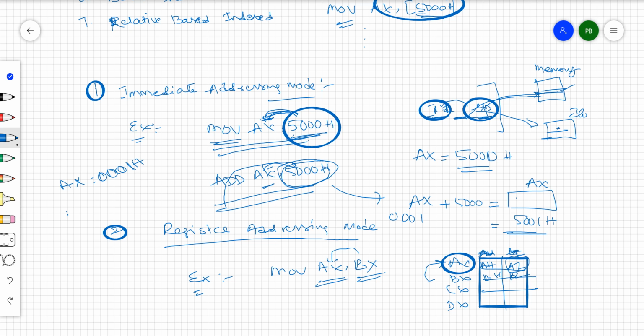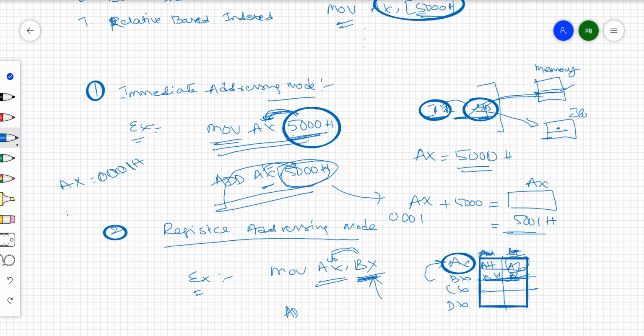To execute this instruction, the processor needs to access an internal register for the source data. That is the reason this is called the register addressing mode. That means to get the source data and move it to the destination, the processor needs to access an internal register, that is BX, according to this instruction. That is the reason this mode of addressing is called the register addressing mode.